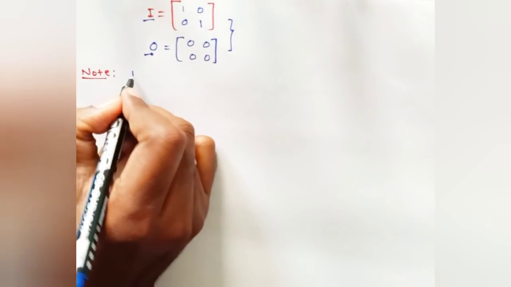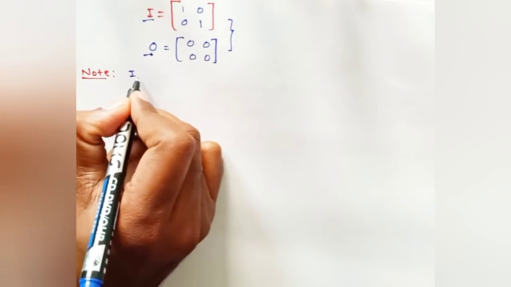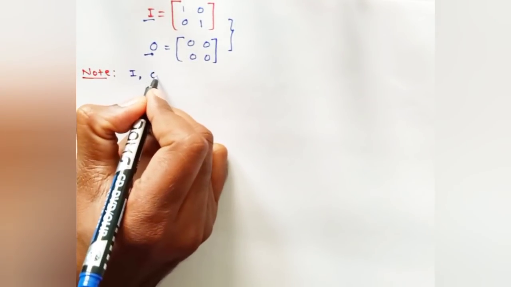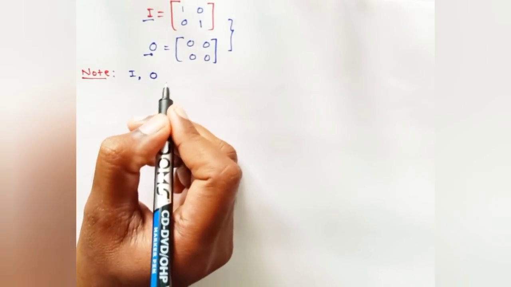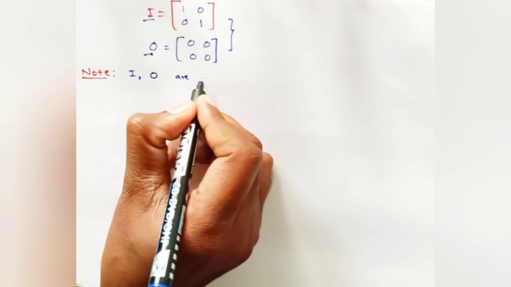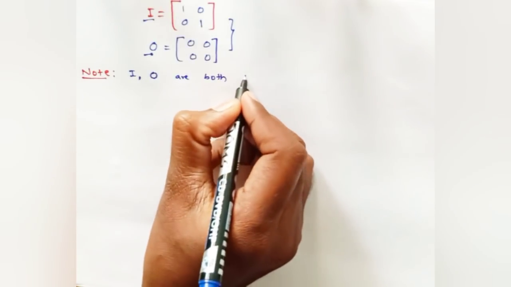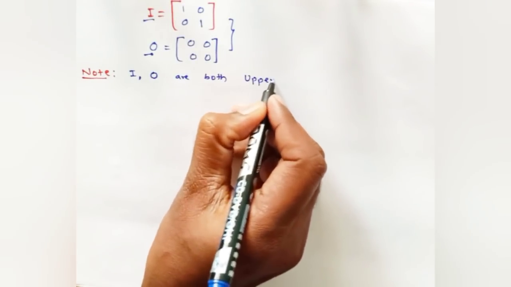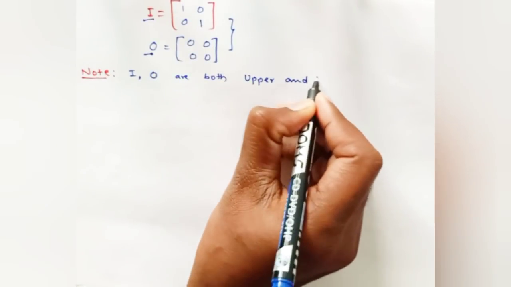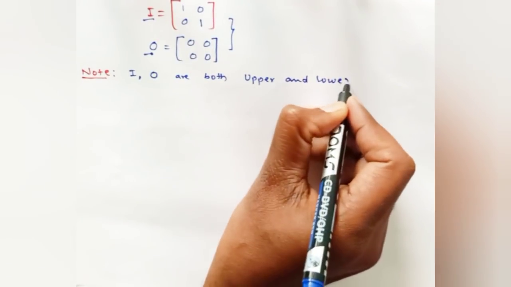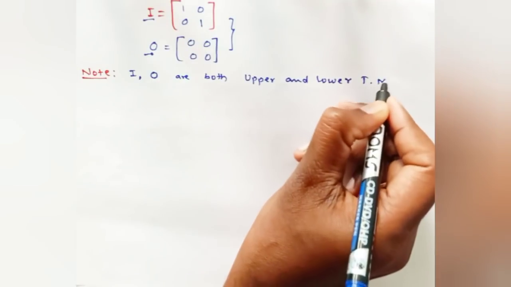So you can observe one point: the identity matrix of any order and the zero matrix are both upper and lower triangular matrices.